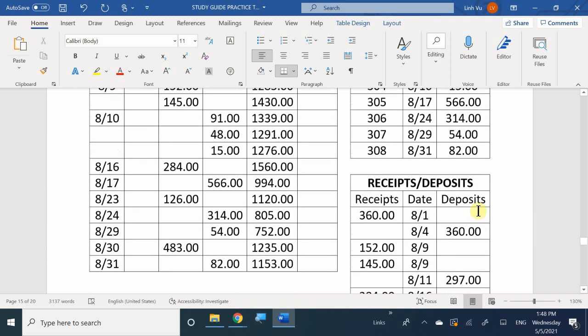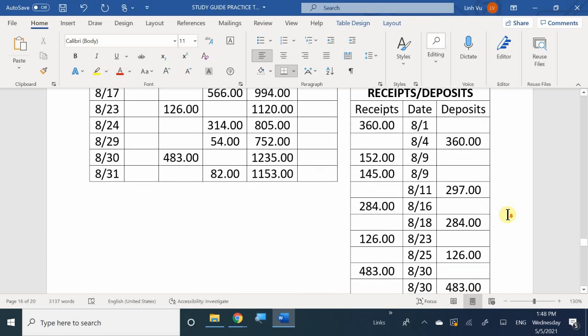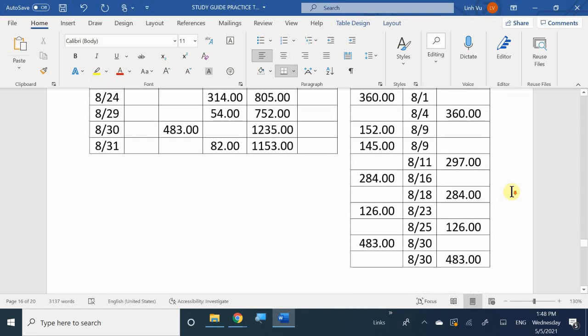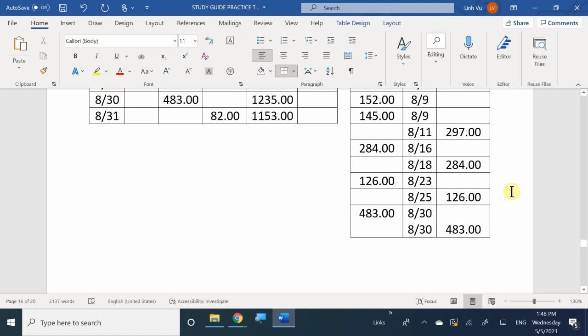So let's take a look at our deposits. Okay, did my 360 clear? Yes. We have 297. Did that clear? Yes. What about 284? Yes. And then 126? Yes. So therefore, what is left over? The last one, 483.